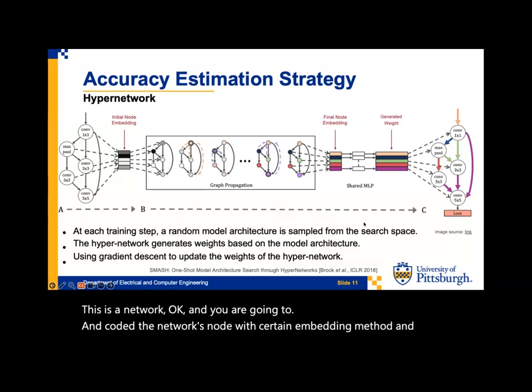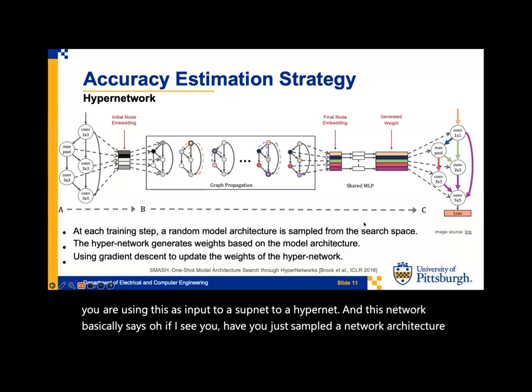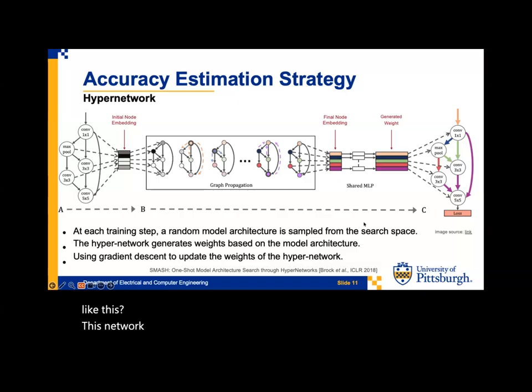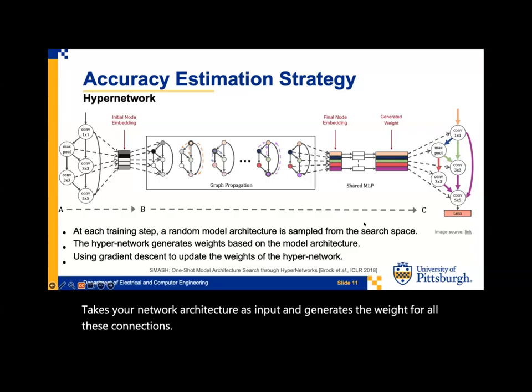Then you use this as input to a supernet, a hypernet. This network basically says, if you just sampled a network architecture like this, I'm going to generate the weights for this sampled child network. Does that make sense? So I have a network that takes your network architecture as input and generates the weights for all these connections. That's the idea.